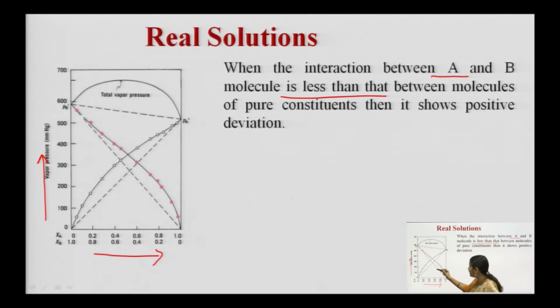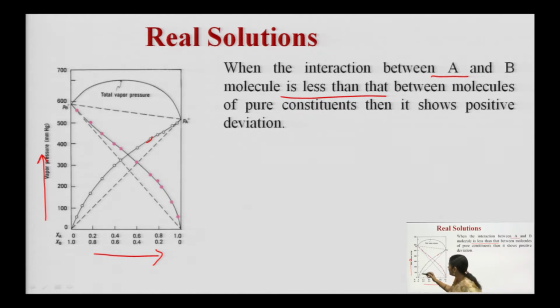The dotted lines represent the curve which would have been obtained if the system had followed Raoult's law, and the solid lines represent the increase in vapor pressure of component A and of component B when A is added to B and B is added to A.